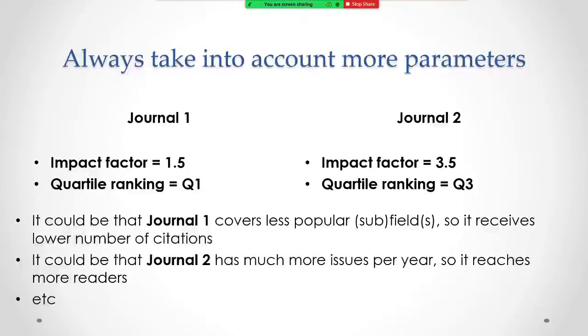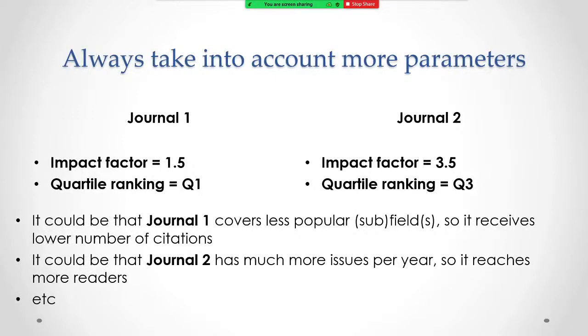Or it could be that Journal 2 has many more issues per year, so it reaches more readers. Usually, to get the value of impact factor, journals should have been published at least 4 or 5 times. Journals should have at least 4 or 5 issues per year, but there are some journals with dozens of issues per year, and they become more popular over time. So that might be one of the reasons why this discrepancy between impact factor and quartile ranking could be visible.